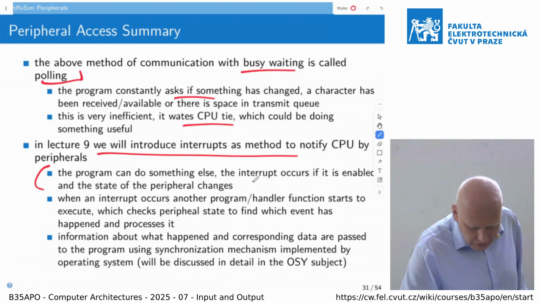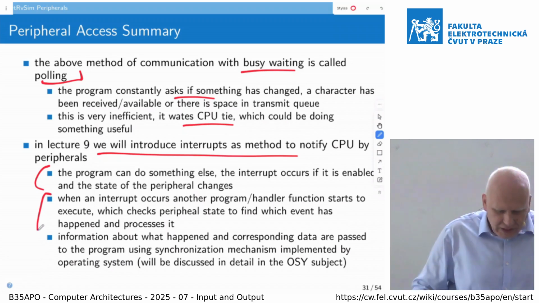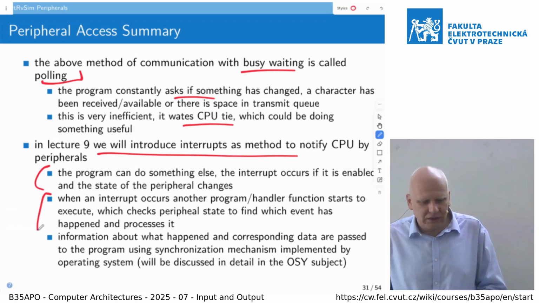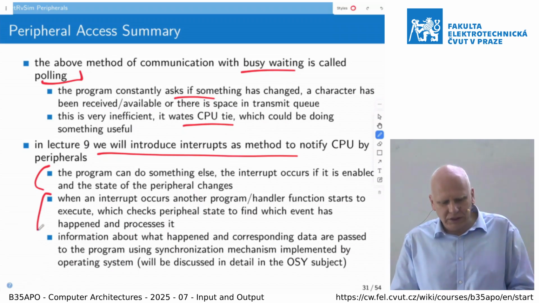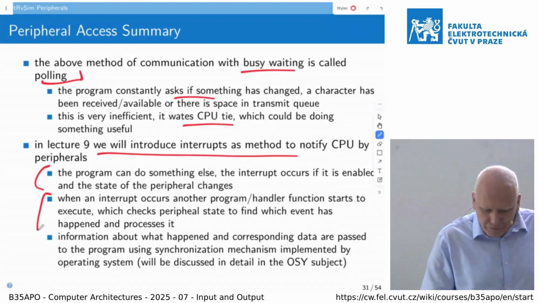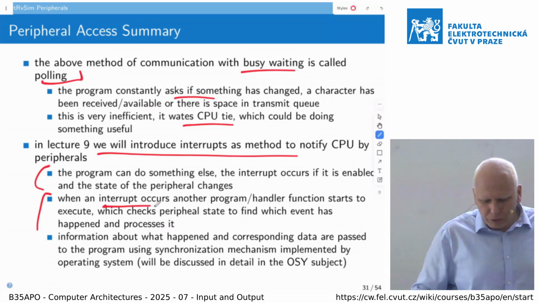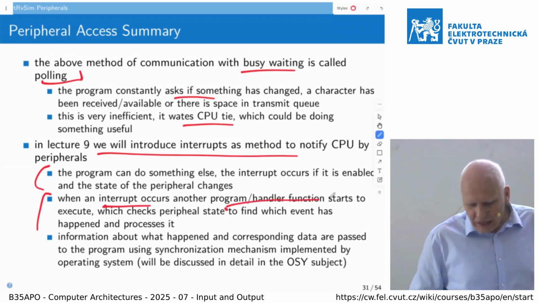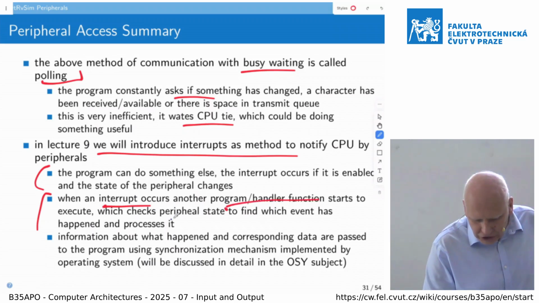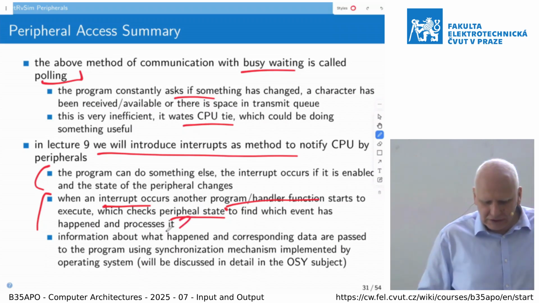And we know that the data has arrived from the incoming interrupt, which notifies the processor and starts the handler function, which can check the peripheral state and process it.